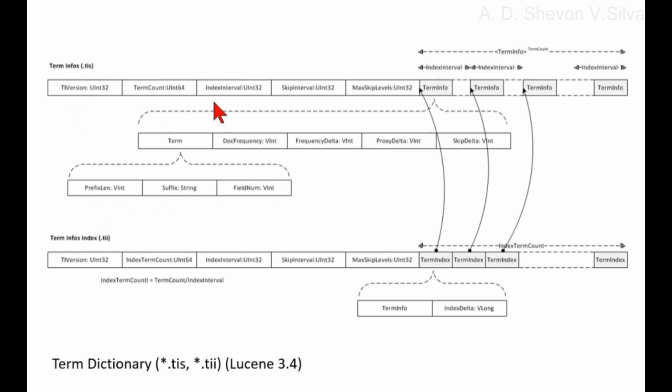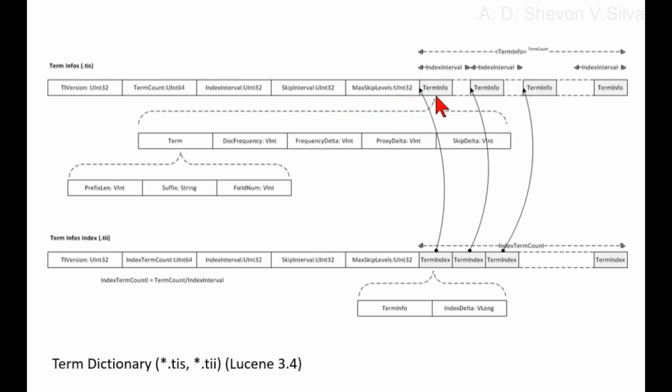Here you can see the term infos .tis. Here the TI version, uint32, term count, uint64, index interval, uint32, skip interval, uint32, then max skip levels, uint32.